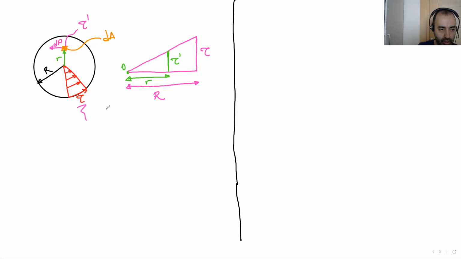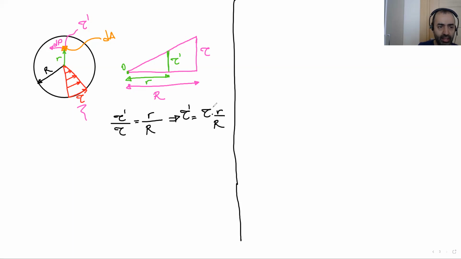Let me write the equation. Tau prime over tau is r over capital R. So here, basically, we can get tau prime: tau times r over R. Now, we know the shear stress on the orange area, which is tau prime.